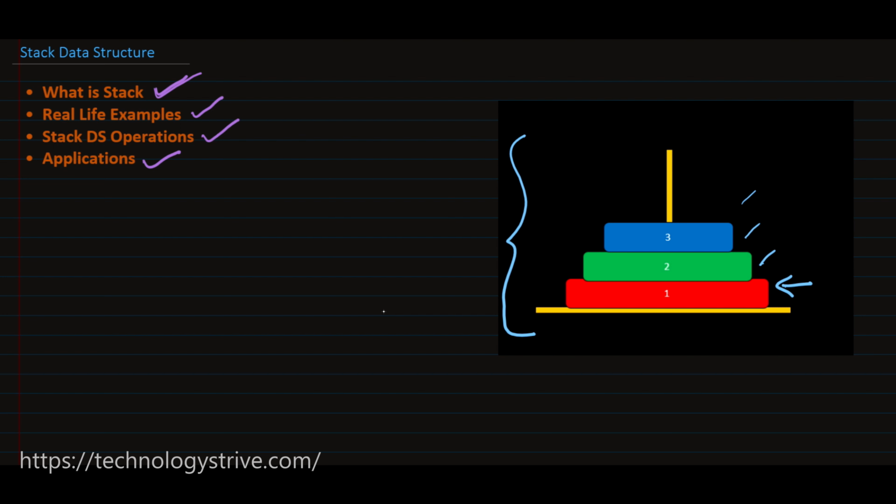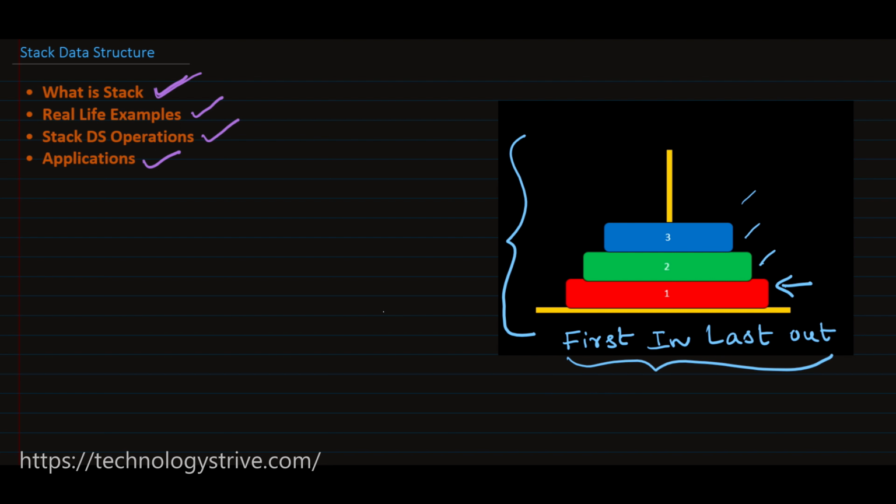So this means the disk which was added at first, which we are calling first in, is going to be out at the end, which is last out, right? So the disk which we have added first is going to be removed last. So that's why this is called first in last out.